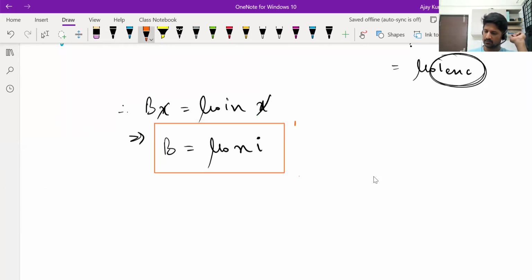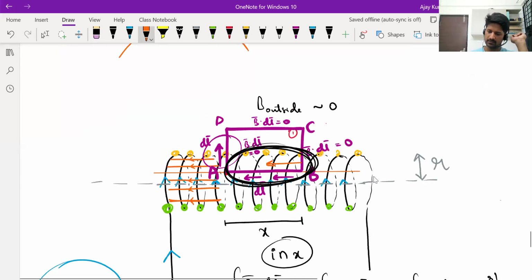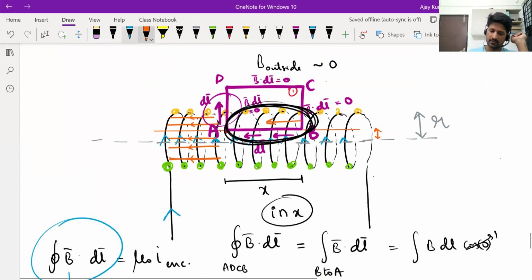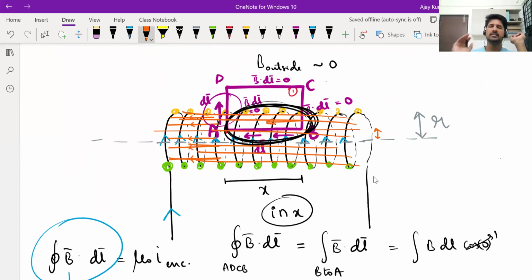But notice one thing, this result is independent of this distance. The distance where you take AB from the axis, it is independent of that. What it means is whether you take this field line, this field line, this field line, this one, anyone inside the solenoid, they all have the same strength. That is what it means.